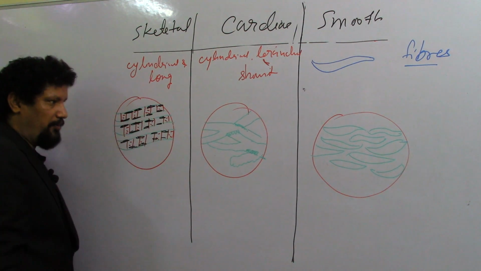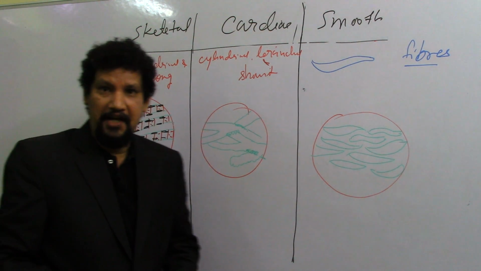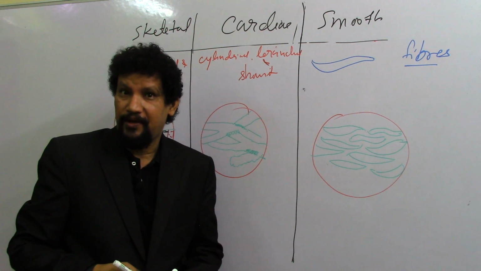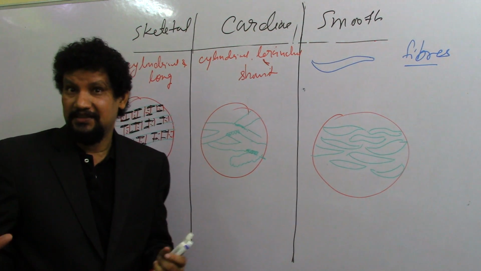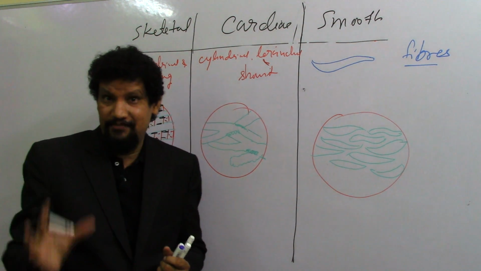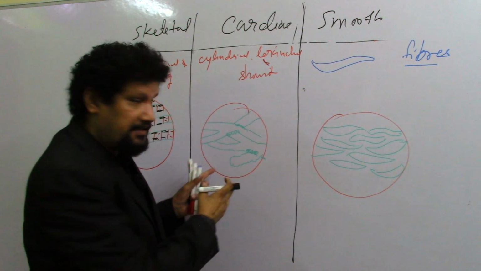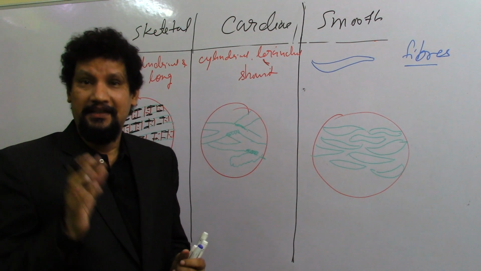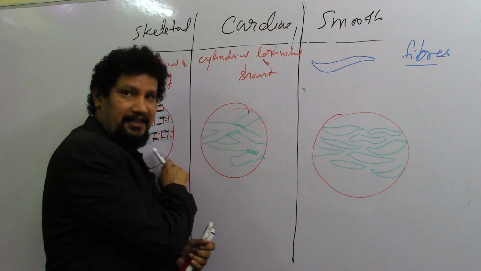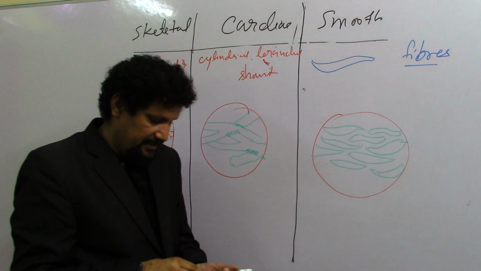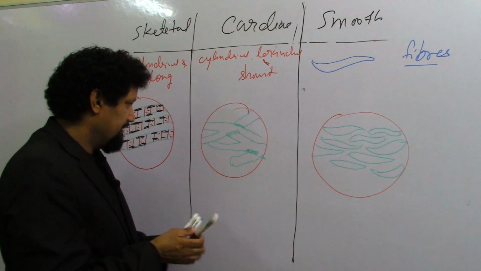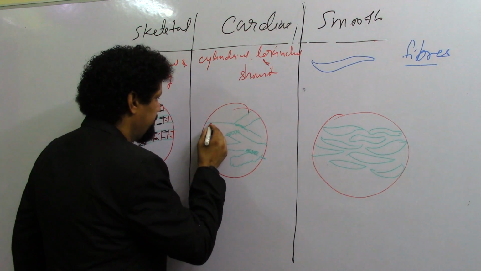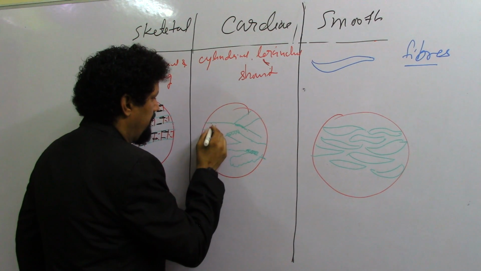But in case of the cardiac muscles, these are also striated muscles, but striations are not very clearly visible in the electron and light microscope. But these are also having the same pattern of the skeletal muscles, but here you can notice the lightly visible striations.